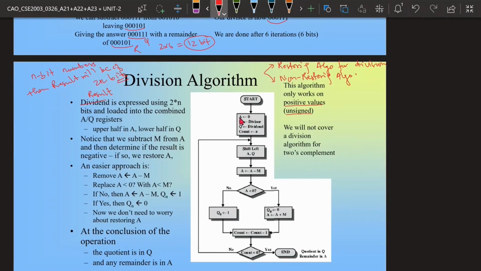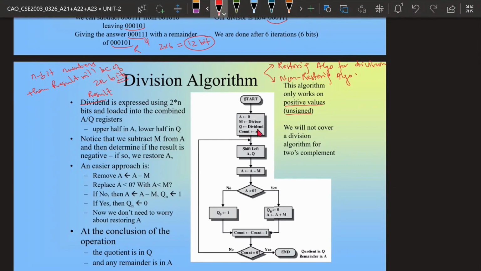should be considering an A register. A will be like an accumulator register, and its initial value will be 0. M will be another register, that will be the divisor. Q will be another register, that will be storing the dividend. So the divisor is stored into M, the dividend is stored into the Q register, and the count value is initialized with the n value.